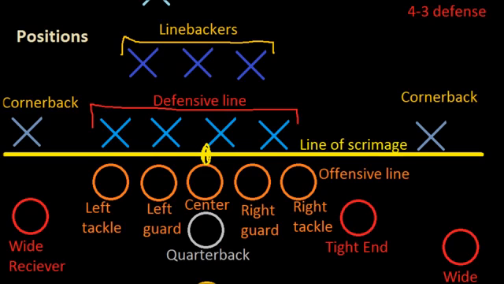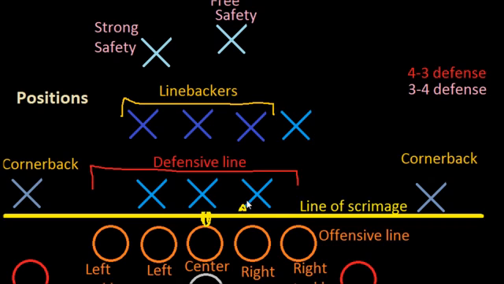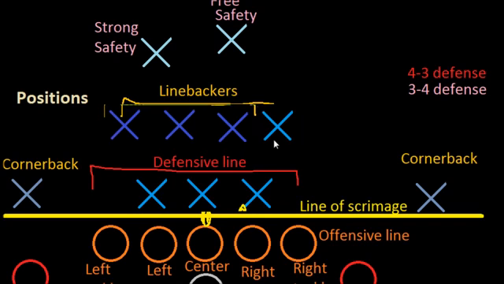The other common way that you might see guys line up instead of a 4-3 is a 3-4 defense, which would simply mean that one of the linemen will actually move back, and so you will have then 3 linemen in the middle there, and then you would have 4 linebackers, so that would be the 3-4 defense. And really these guys can stand wherever they want.